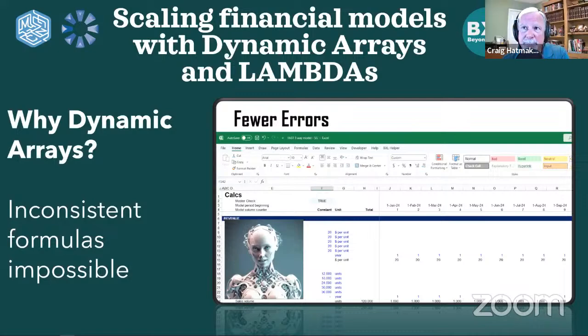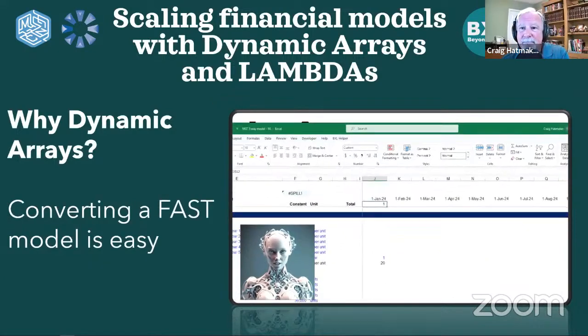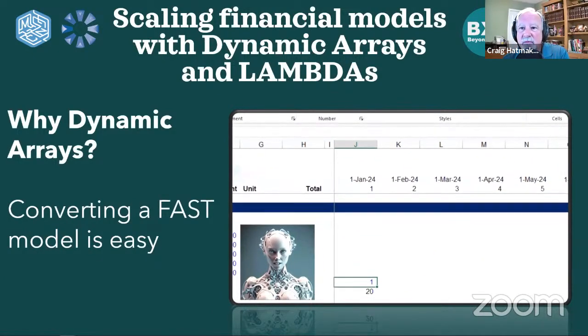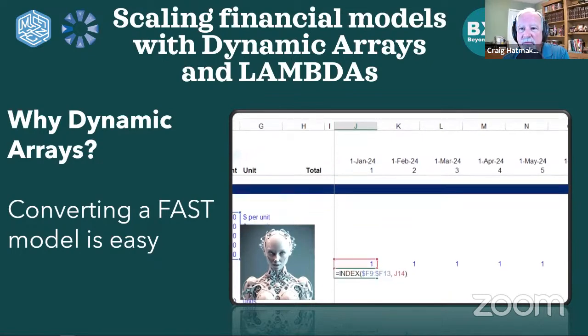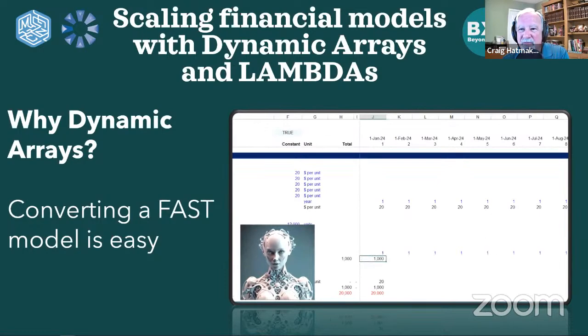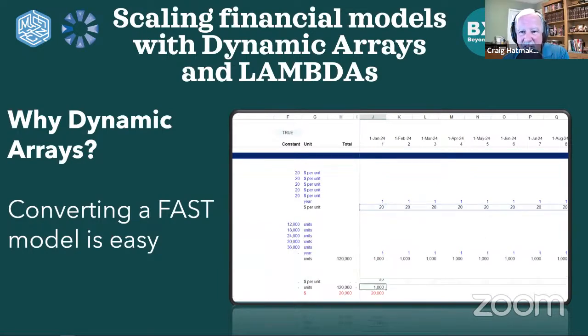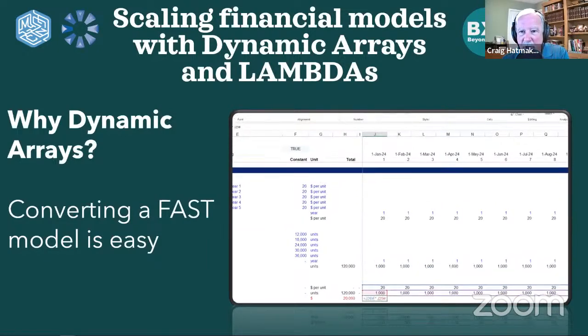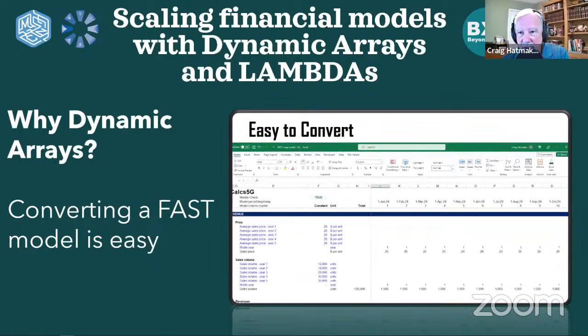Next, please. Converting traditional model formulas to dynamic array formulas is incredibly easy, as demonstrated here. Most of the work is adding a pound sign after each cell address that references an array. So this is someone else's FAST model that I borrowed because I wanted to make sure that I'm using something that you might be faced with.